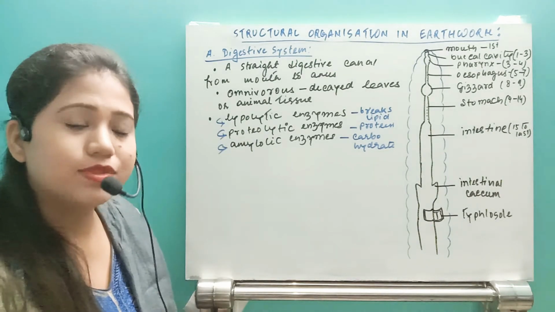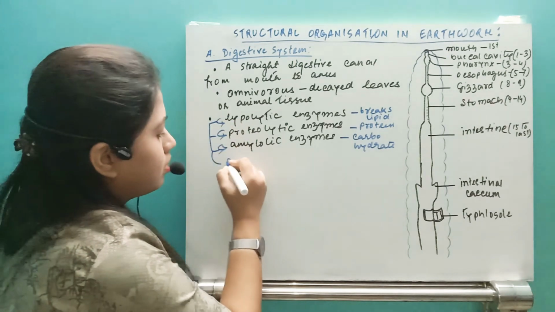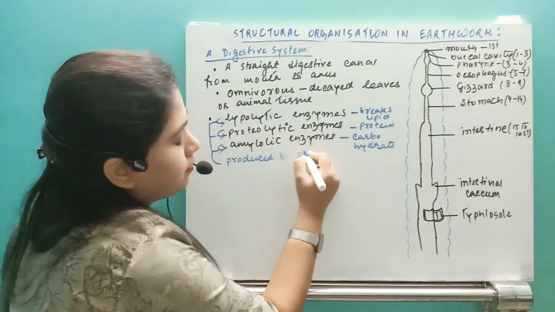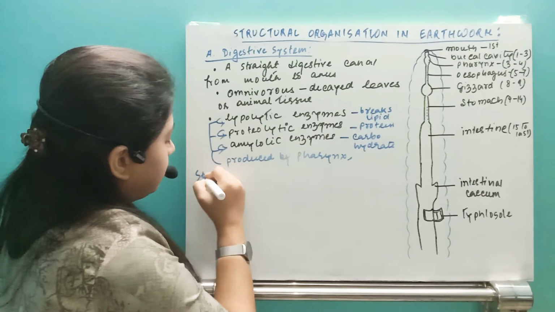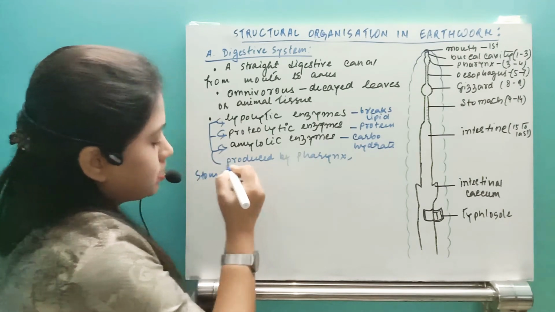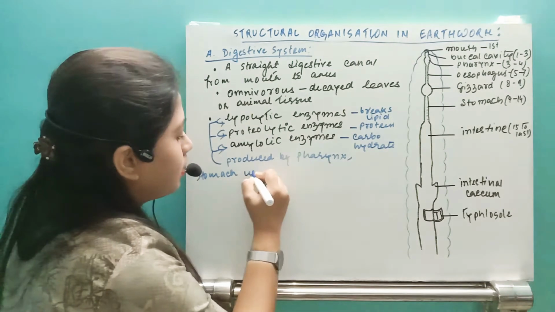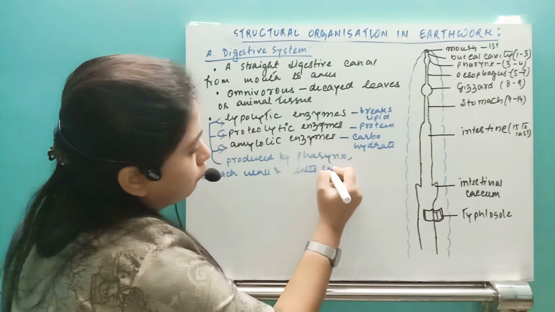So these enzymes are produced by whom? These are produced by pharyngeal cells, the pharynx. Then the stomach wall, that means in the stomach wall they have the digestive glands too, and the intestinal wall.